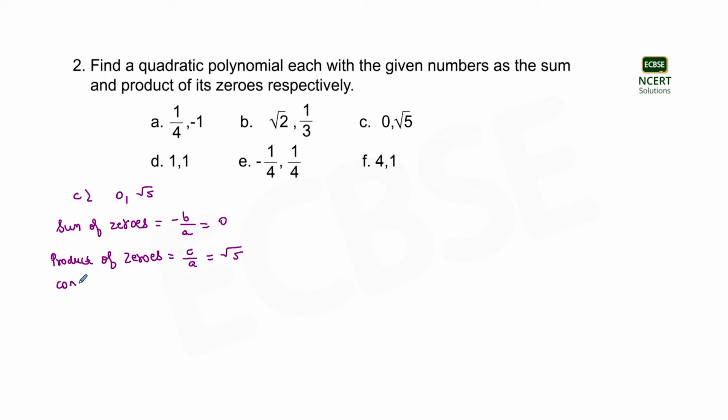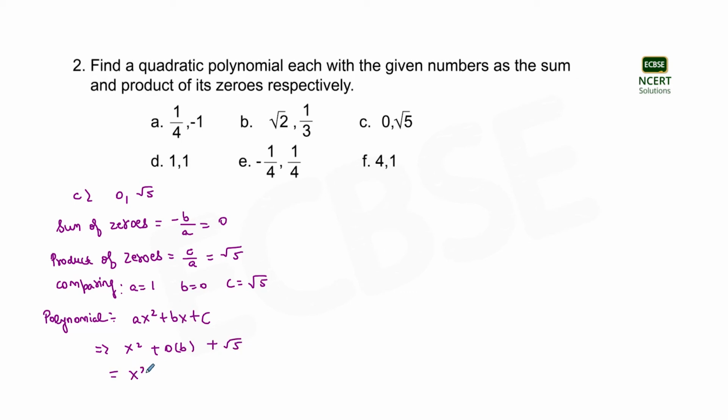So comparing, we get a is equal to 1, b is equal to 0, and c is equal to root 5. So the polynomial ax² plus bx plus c, putting the values of a, b and c, the quadratic polynomial is x² plus 0x plus root 5, or in other words x² plus root 5.